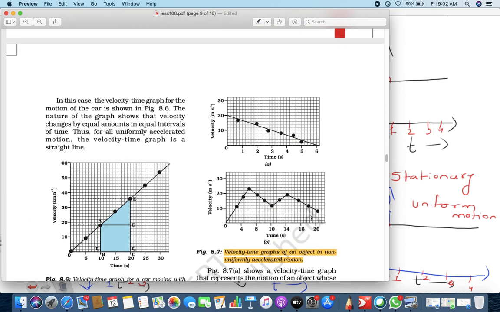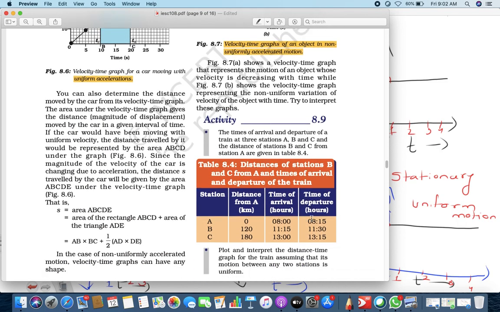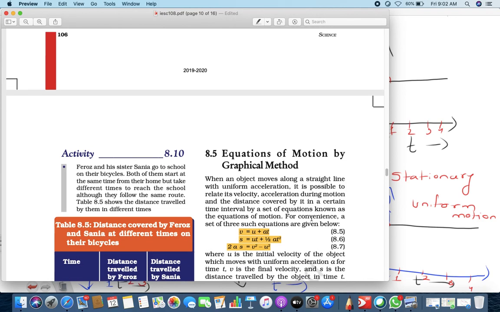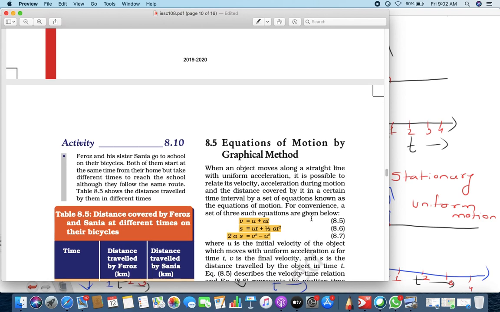So we learned the velocity versus time graph, we learned the distance versus time graph. Now the next topic is equations of motion by a graphical method. The derivation I am going to show you tomorrow, but what are those equations of motion? Let me show you.